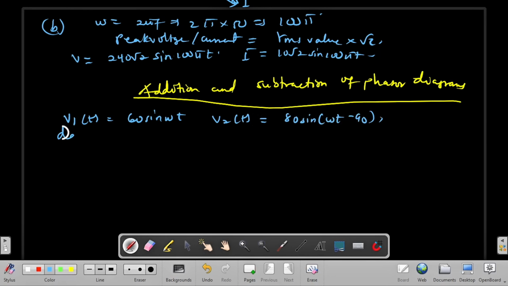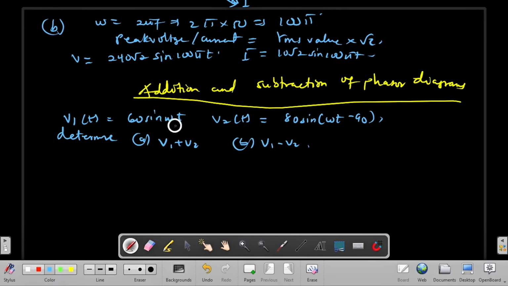The problem is to determine A, V1 plus V2, then B, V1 minus V2. So we are trying to add and subtract phasors. How do we do that?